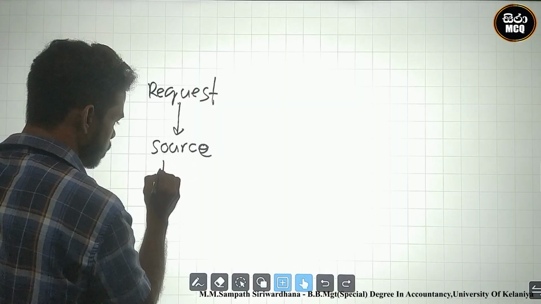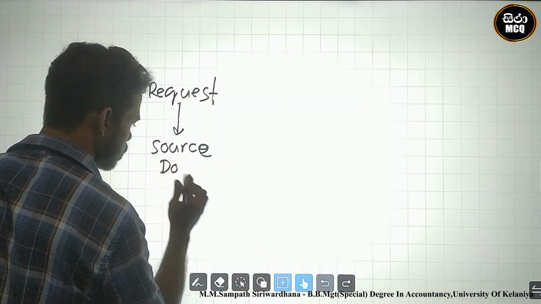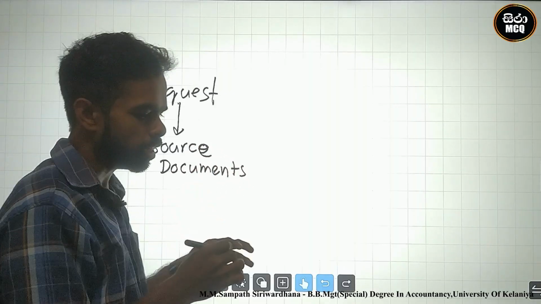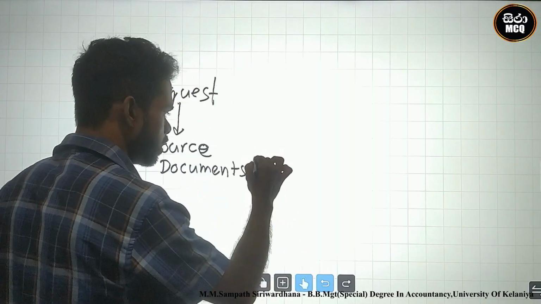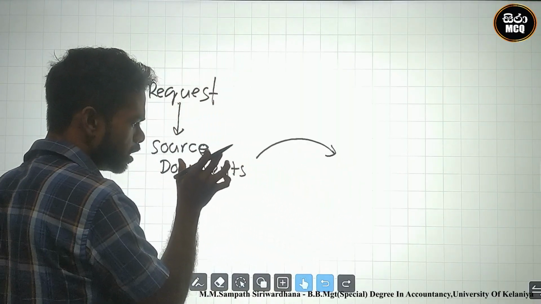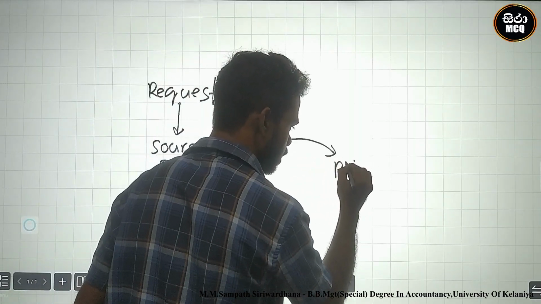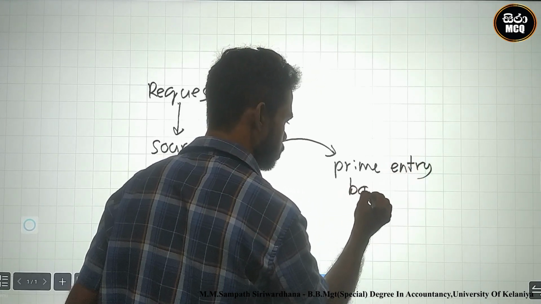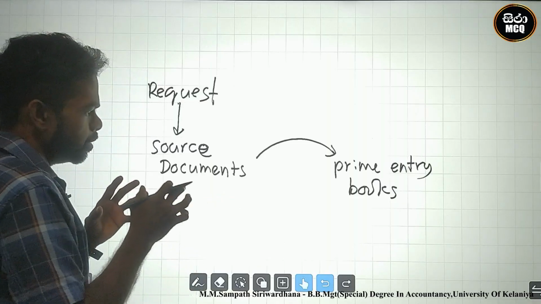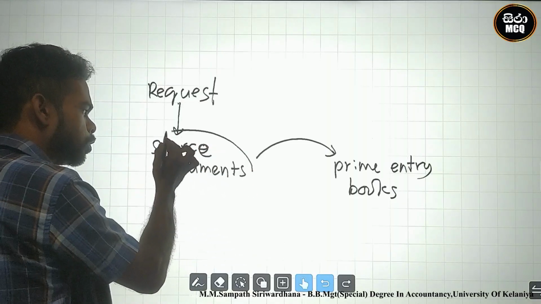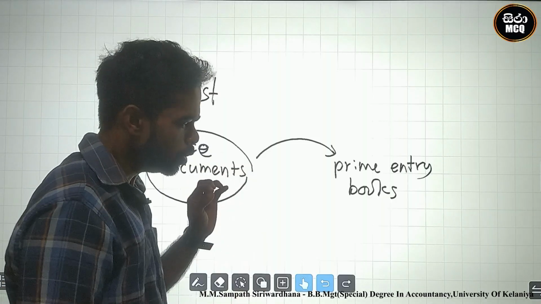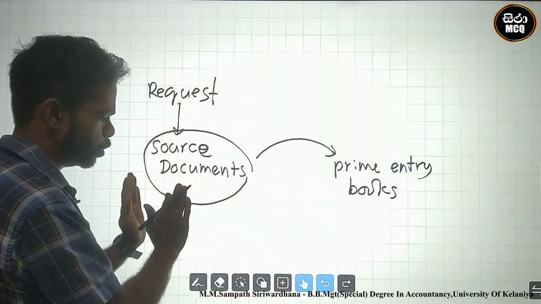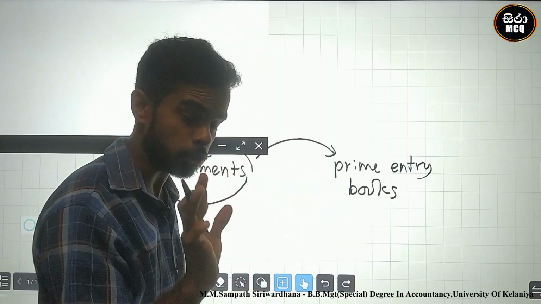Source documents are used to record the prime entry books. They are interrelated, but they request us to identify what the source documents are, to use to prepare the prime entry books. We must only identify the source documents.